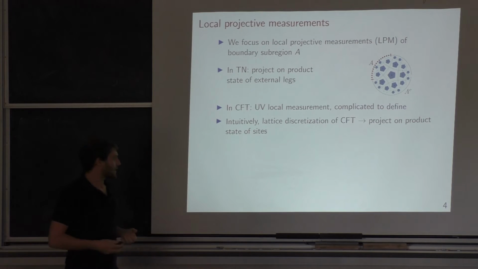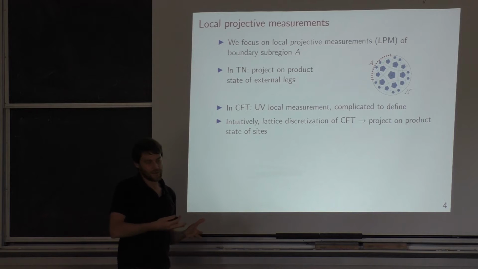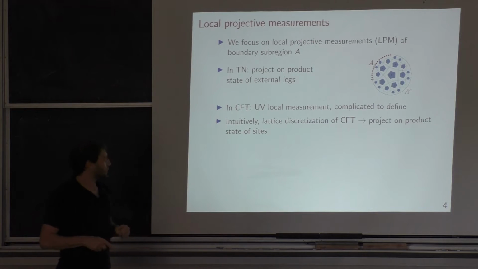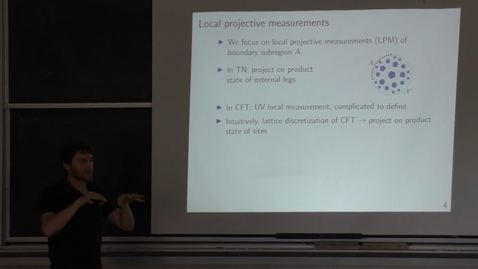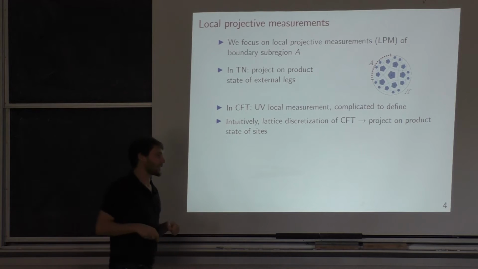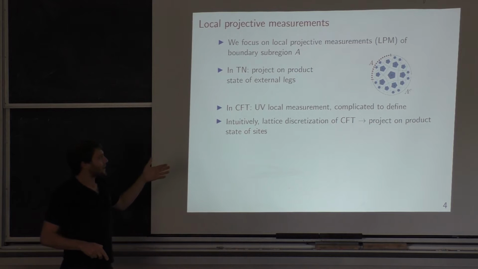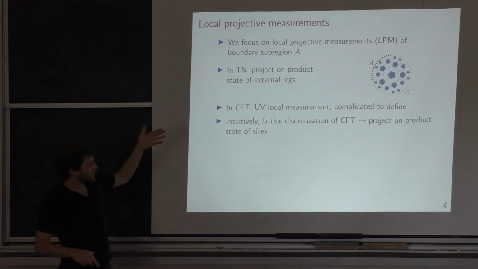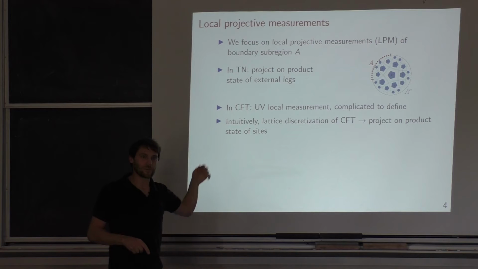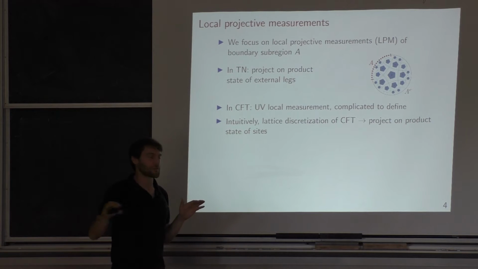The intuition here is that if you have a CFT discretized on some lattice, then you are projecting the sites in subregion A on a product state, so each site of the lattice independently. Now, clearly, this yields a state after measurement on region A which has zero spatial entanglement.